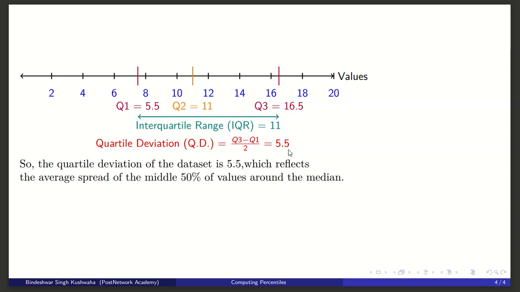So extreme values after 16.5 will not affect it. If you change 18 to 1800 and 22 to 22,000, still the interquartile range and quartile deviation would be 11 and 5.5. That's why it is unaffected by outliers or extreme values, or you can say by skewed data.